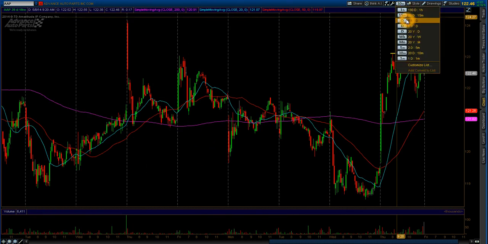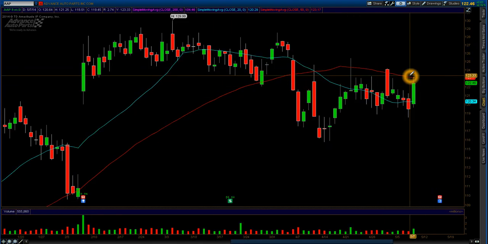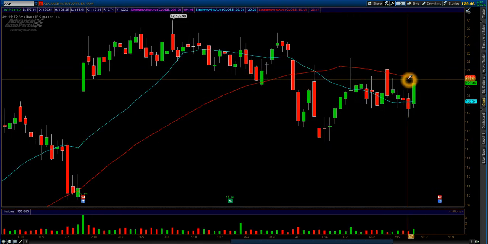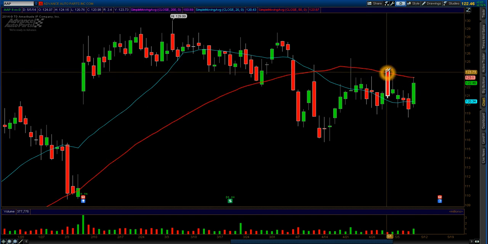Looking back at the daily chart, I still see a lot of resistance on this chart. Number one, your 50-day moving average here, red line, and then this would be your next level here, 124.16.